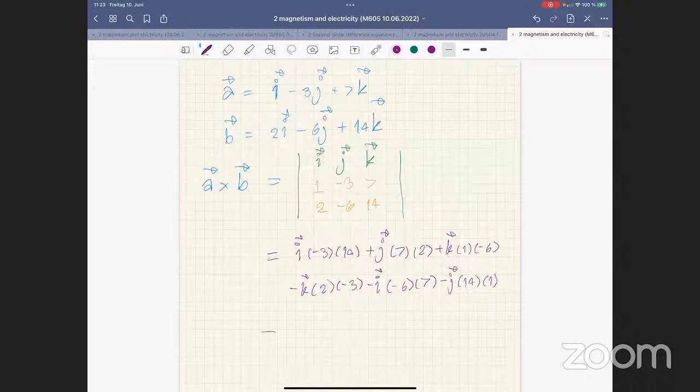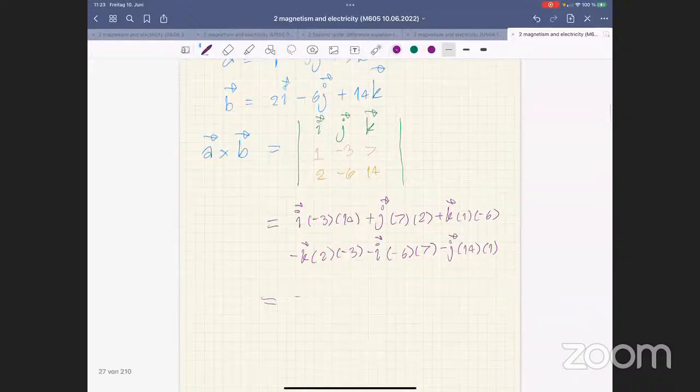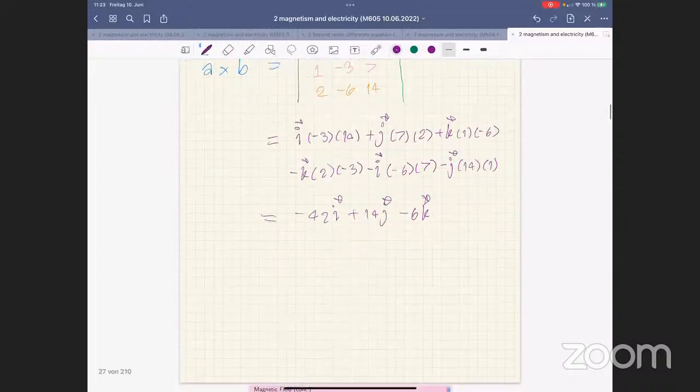And we get minus 42i plus 14j and minus 6k, and here plus 6k, and here is positive 42i, and at the end we get negative 14j.